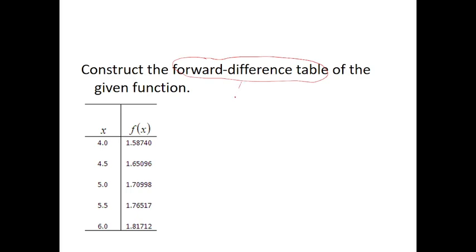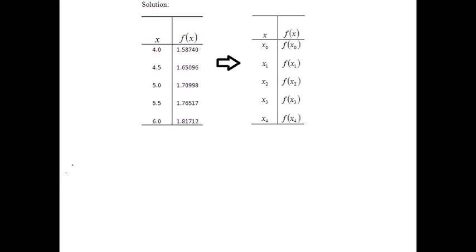Therefore, it involves delta f, delta f sub k, delta squared f sub k. And what is the property of the table? All values of x must be equally spaced. Here, 4.5, that is 0.5. Sorry, 0.5.